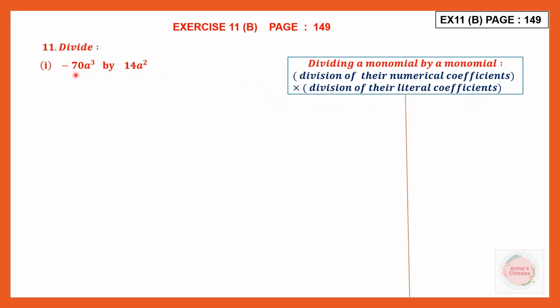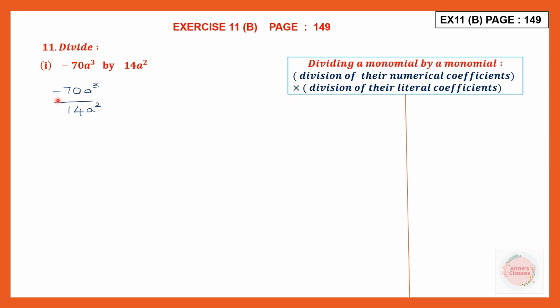So the first one we will do in detail, and then later you'll get used to it and be able to do it faster. So here the question is minus 70a cube divided by 14a square. What does this rule say? First divide the numerical coefficients.